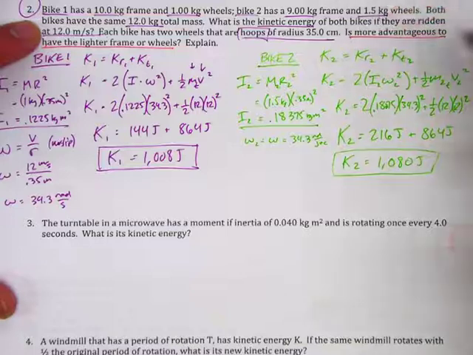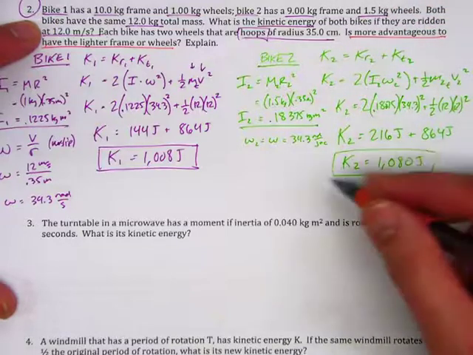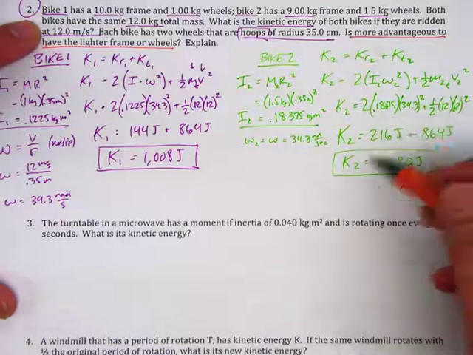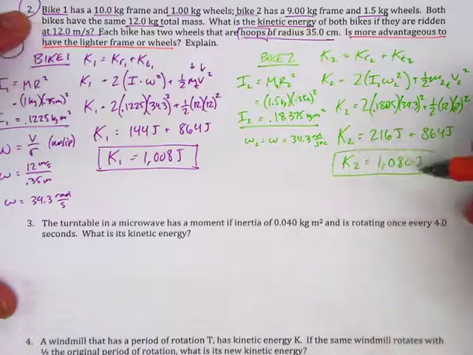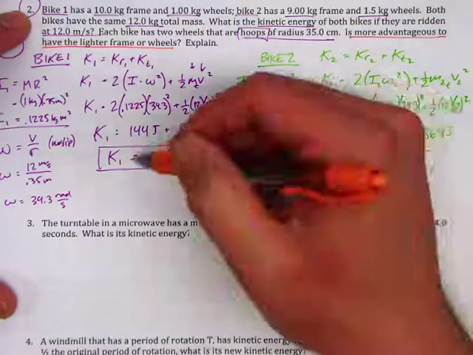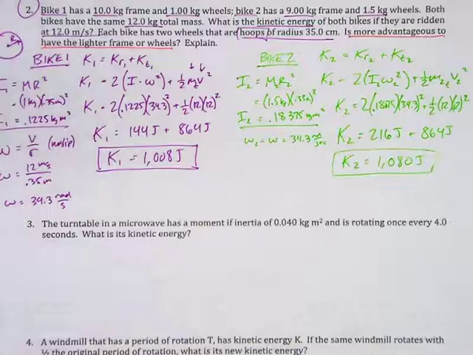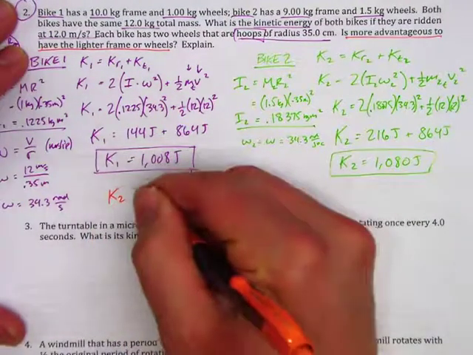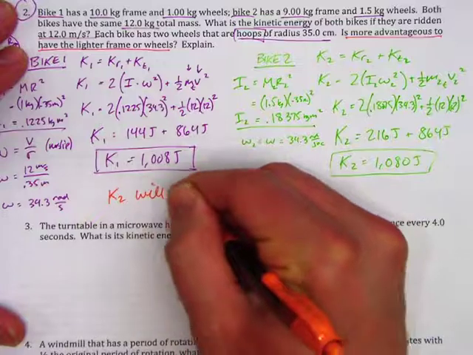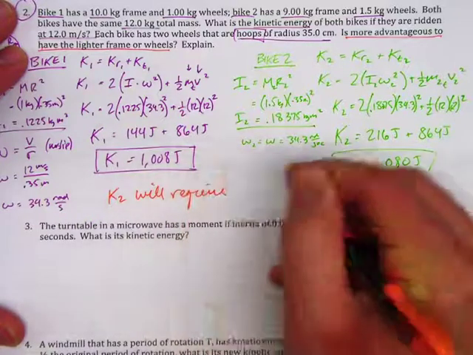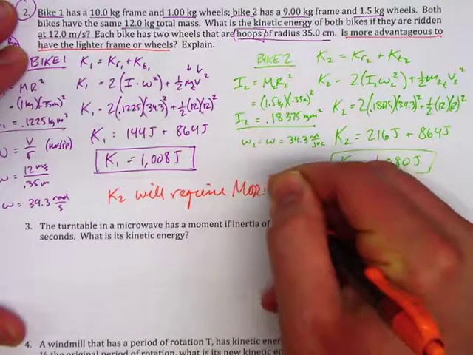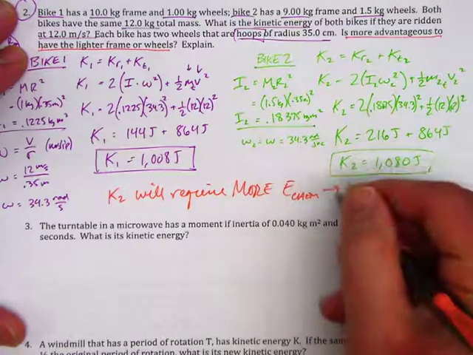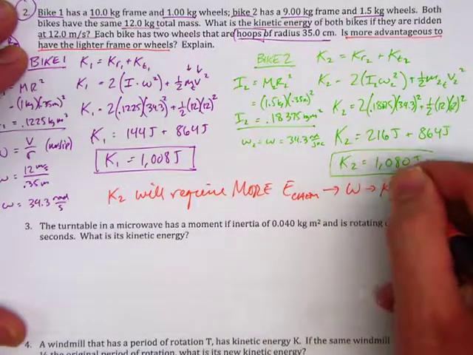But the one with the heavier tires has more rotational kinetic energy. Because of that, it's going to have more kinetic energy than the smaller wheeled bike, meaning K2 from conservation of energy will require more chemical energy to convert and do work into kinetic.